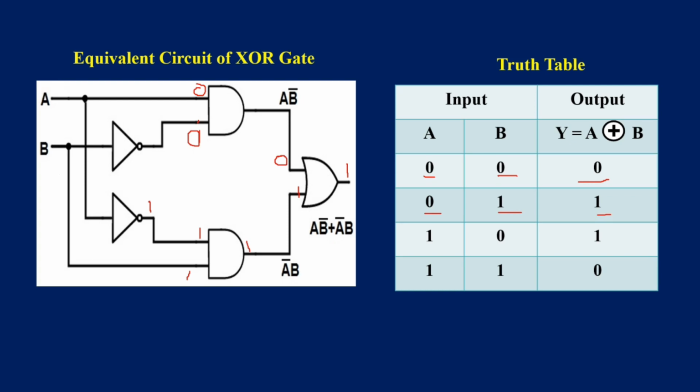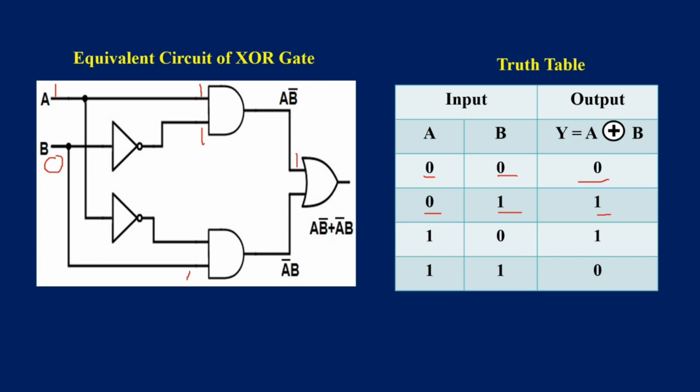Now I am going for the third condition of the truth table. I am making A as logic 1, B as logic 0. When A is 1, and B is 0, for the NOT gate, the output will be inverted, that is, this will be 1. So for the AND gate 1, 1 logic, the output will be 1.